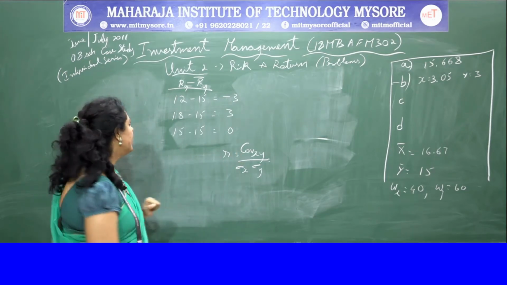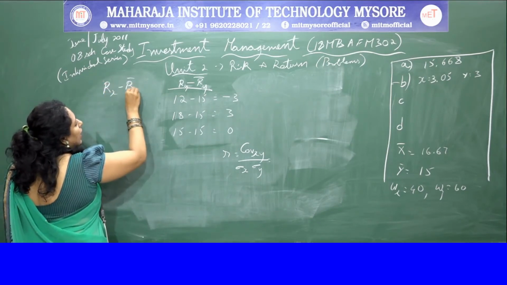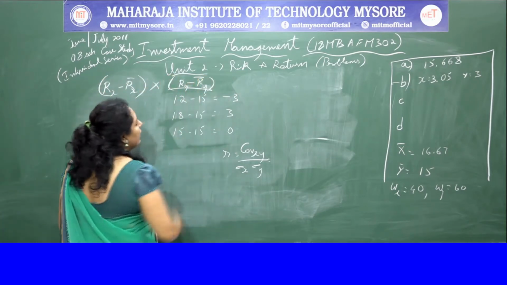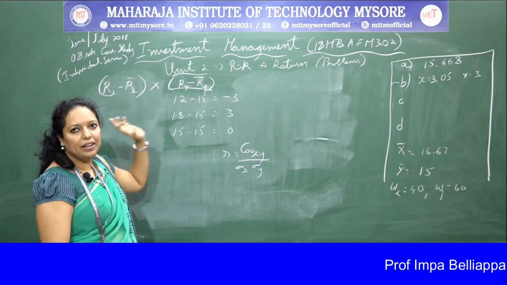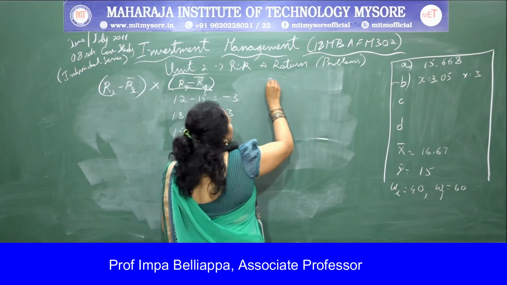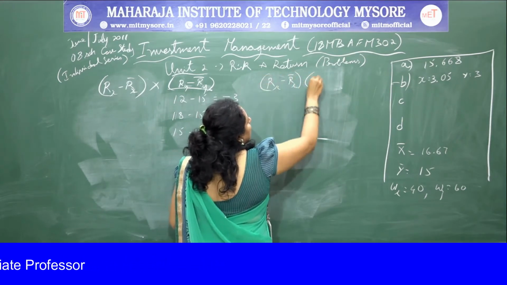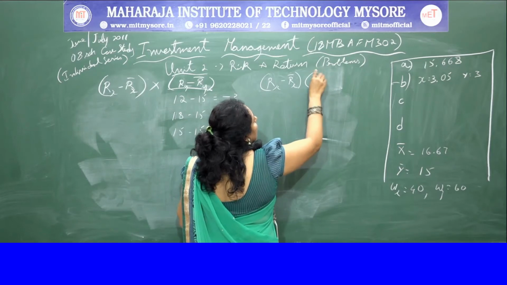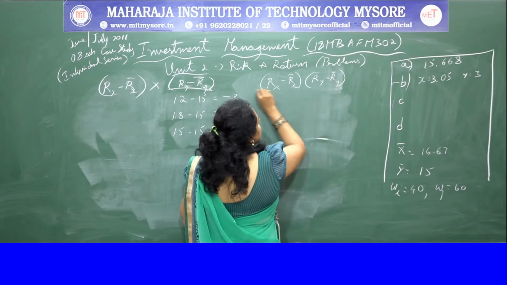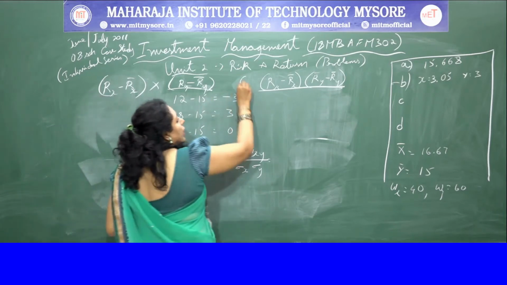To calculate covariance, you have to multiply Rx minus R bar x into Ry minus R bar y. I will write the covariance formula here.